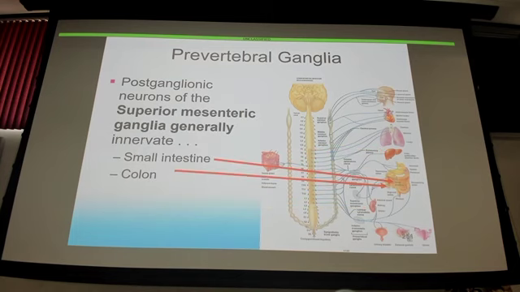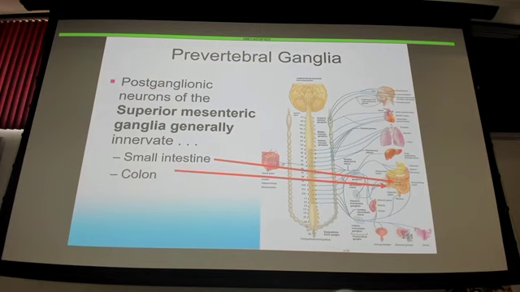When you look at superior and inferior mesenteric, when you hear mesenteric, it's always bowels. You say superior mesenteric artery, superior mesenteric vein, superior mesenteric nerves, whatever that might be, they're going to the bowels in general.